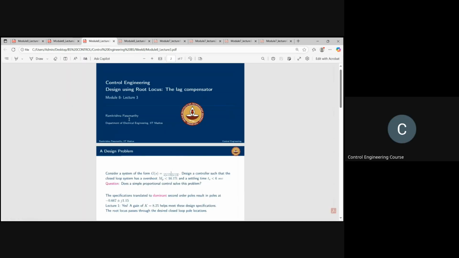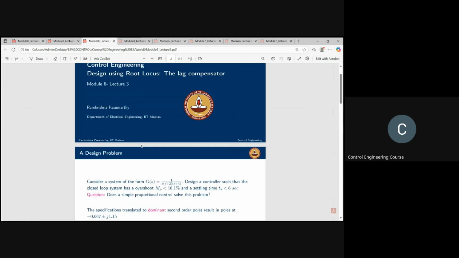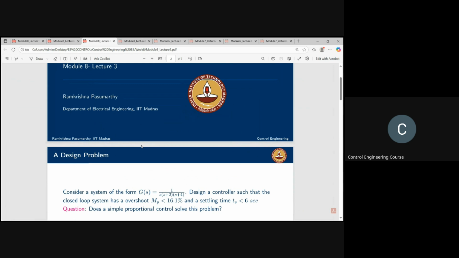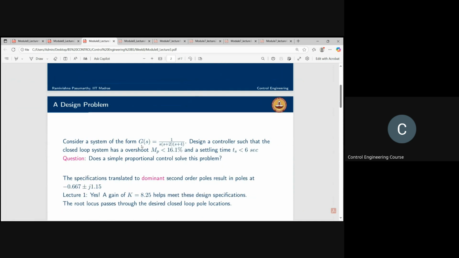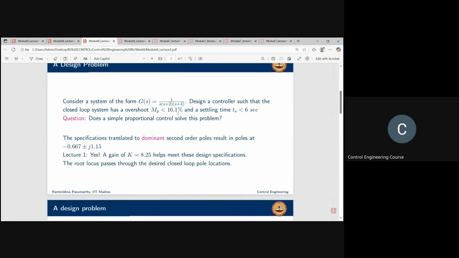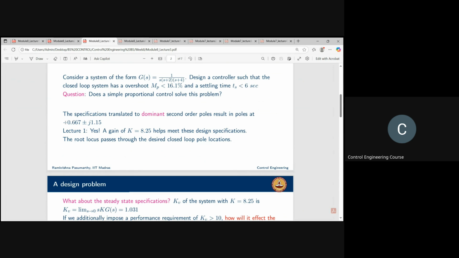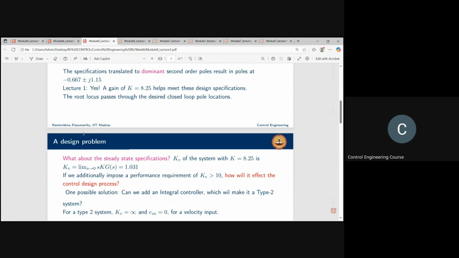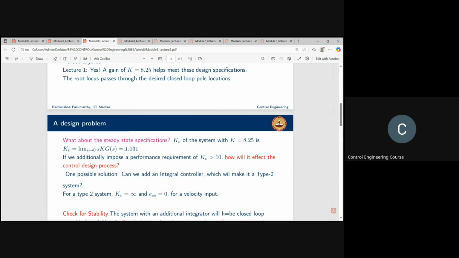Now let's go to the lag compensator. Again, you start with this same thing. Pure gain turns out to satisfy this. The root locus passes through this. But the steady state error: kV is just 1.